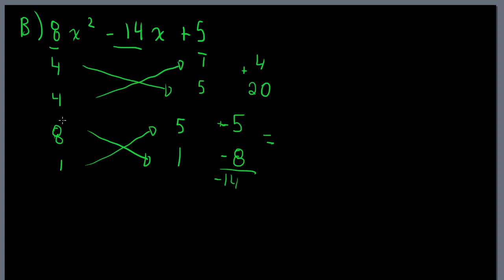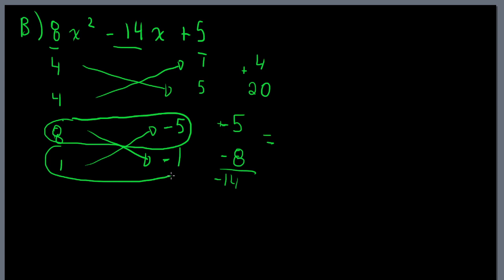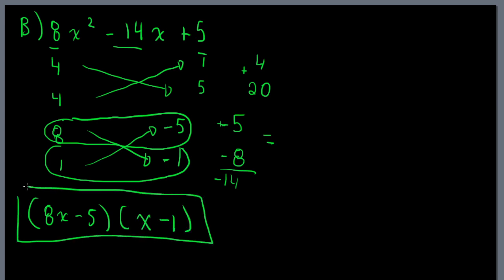So then you have to take this one negative, and this one negative then. And you take these, and your final answer would be 8x minus 5 times x minus 1. And that's how you get that nice 10 out of 10 for both problems.